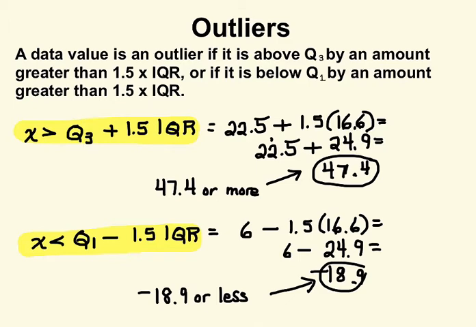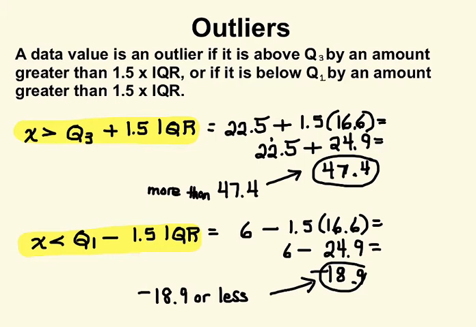So in this case, it would be more than 47.4, and that's not happening because the highest is 30.